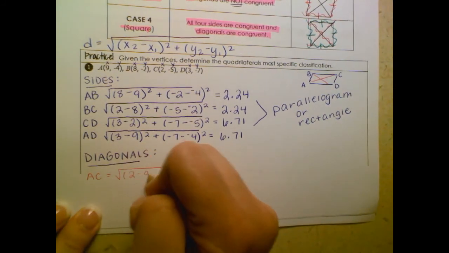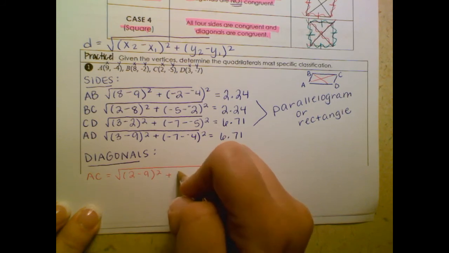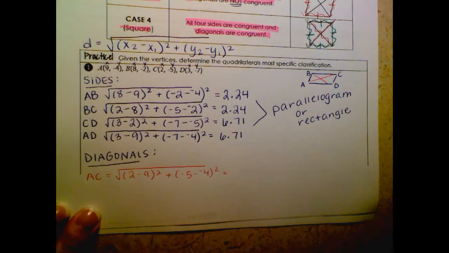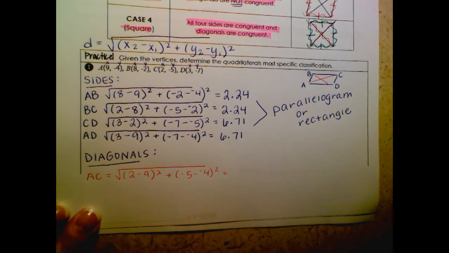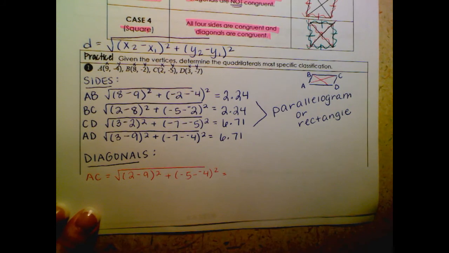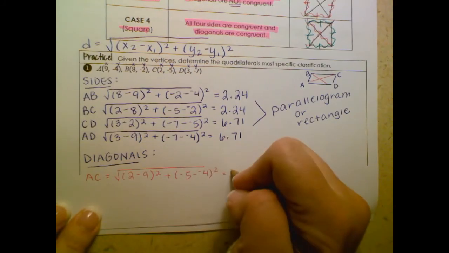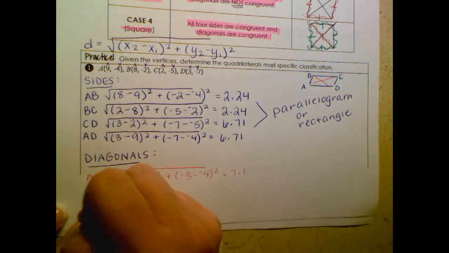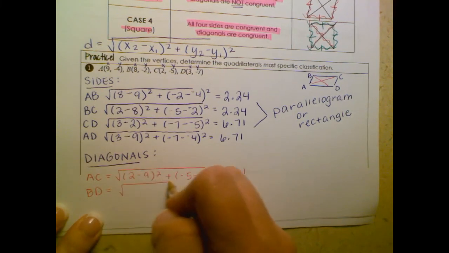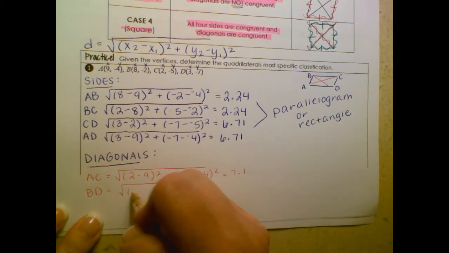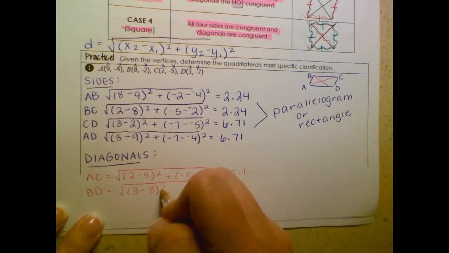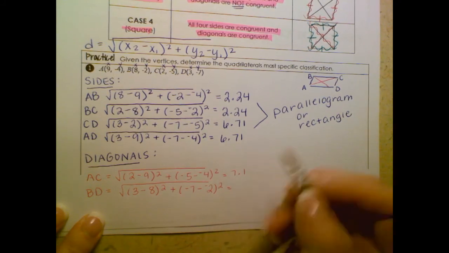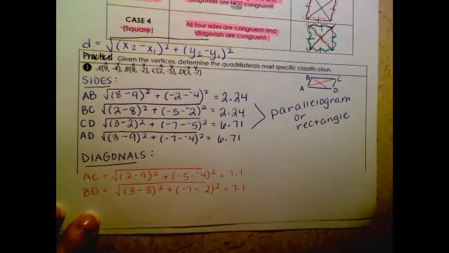We have 2 minus 9 squared plus -5 minus a -4 squared. Gives me 7.1. So we did AC, now we have to do BD. Distance formula. That also gives me 7.1.